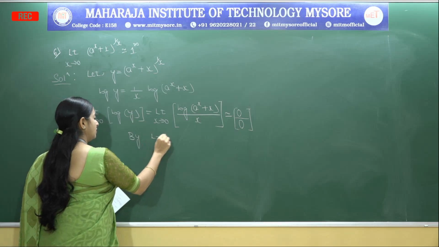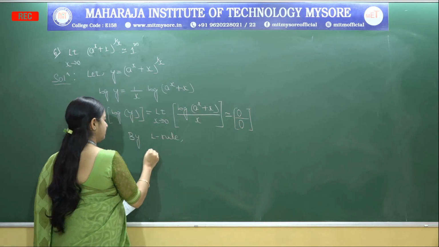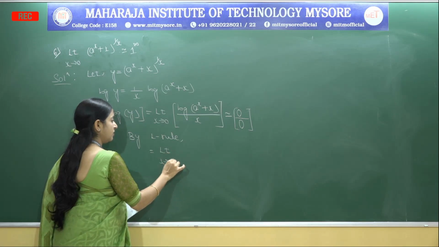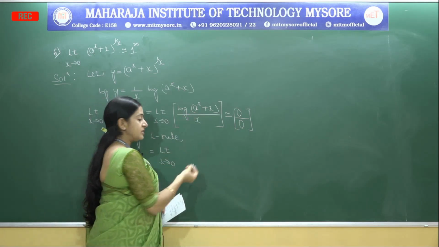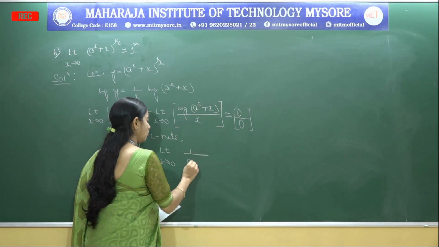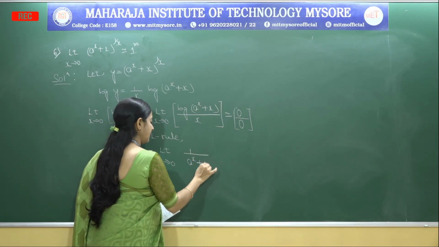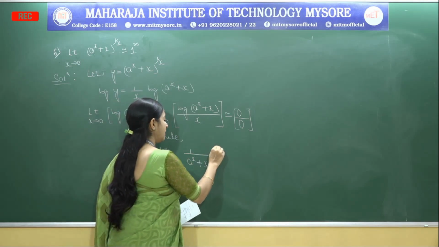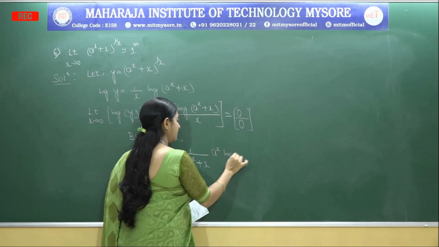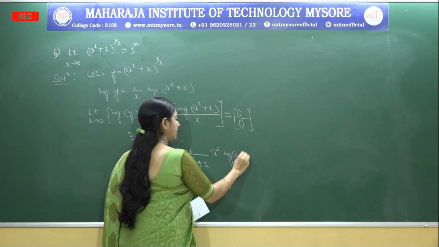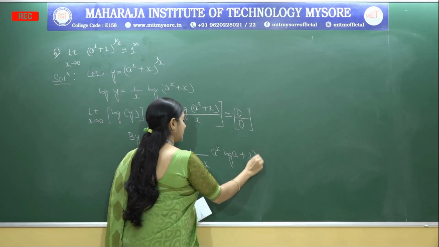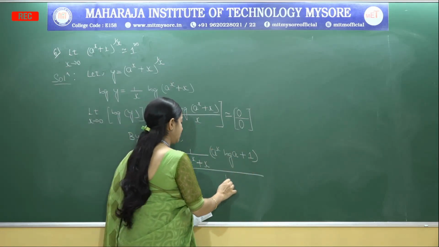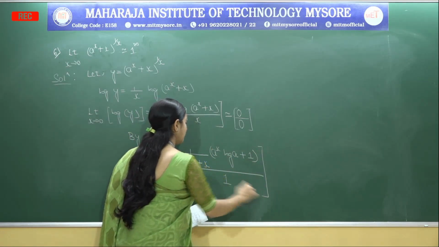By L'Hospital rule, the limit of x tends to 0, here log x differentiation 1 by x, 1 by a power x plus x, differentiate the a power x into log a, differentiate x, you will get the 1, denominator x differentiation, again it is 1.